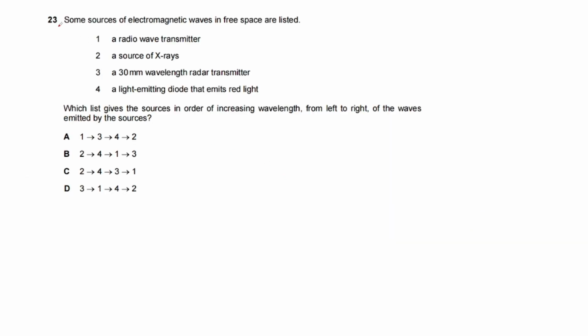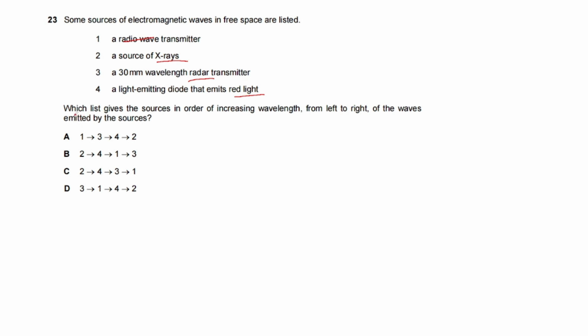Then question number 23. Some sources of electromagnetic waves in free space are listed: a radio wave transmitter, a source of X-rays, a 30 millimeter wavelength radar transmitter, and a light emitting diode that emits red light, which is a part of the visible spectrum.